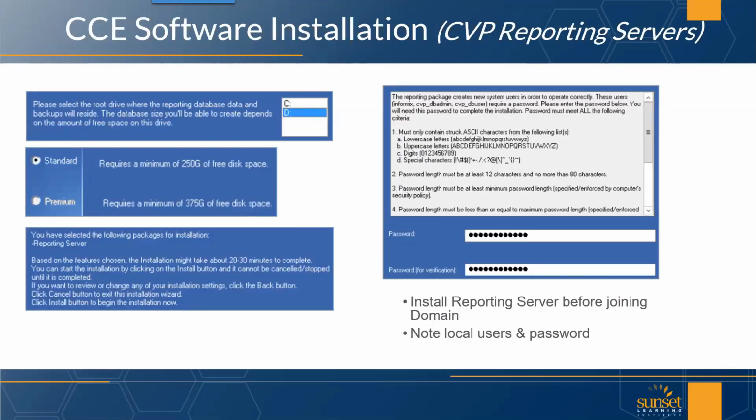And you'll install also via this one DVD the reporting server. Note that the reporting server needs to be installed before that machine joins the domain. Okay, try and do that in reverse order. I think something will complain. And again, that's not new. That's always been the case, that we should add that reporting server prior to joining domain.